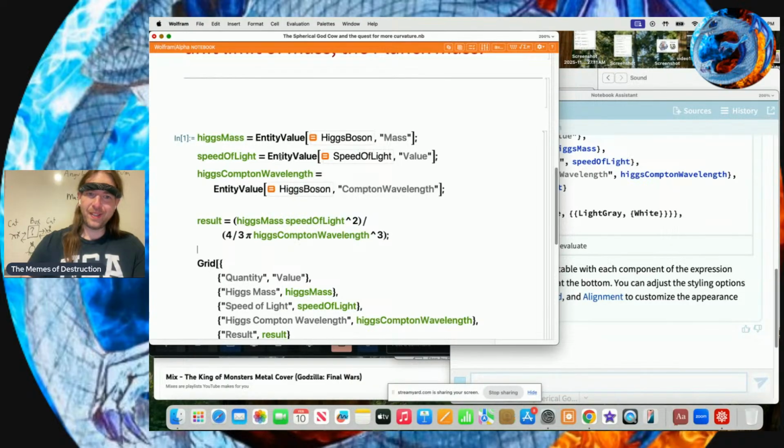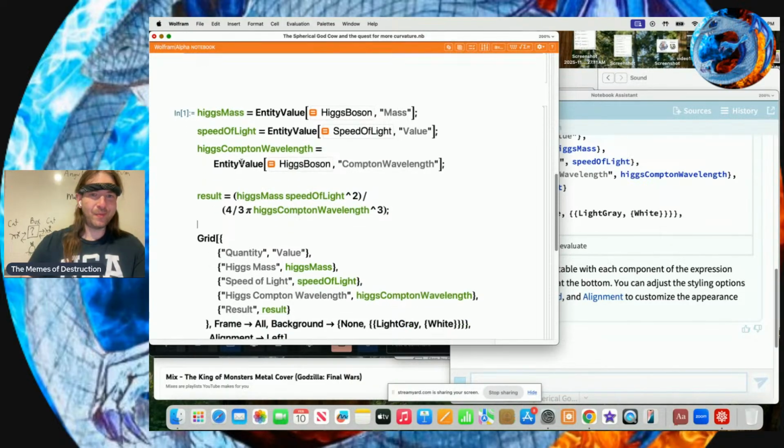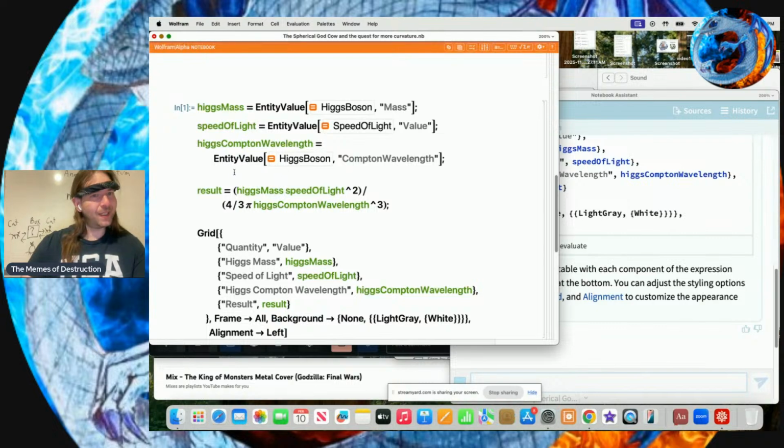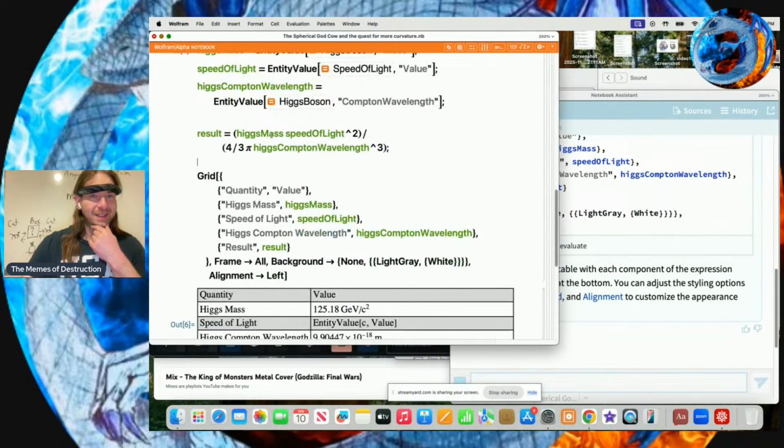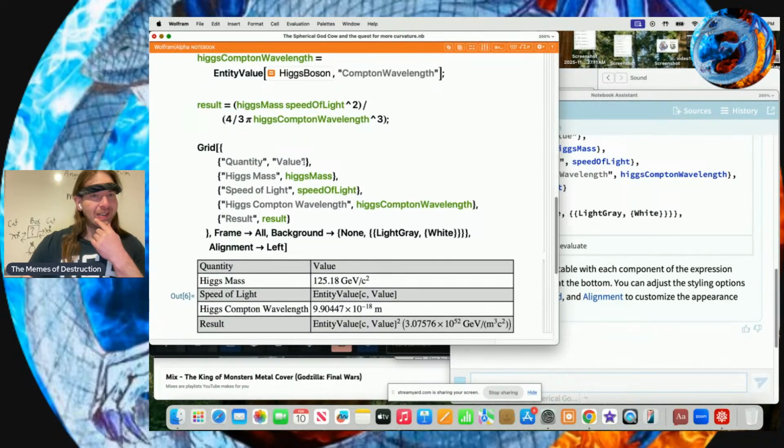Speed. Higgs mass. Compton wavelength. Boson. Okay. So the entity is the Higgs boson, and we're looking for an attribute, the Compton wavelength. Okay. So we're gridding out quantity, value.